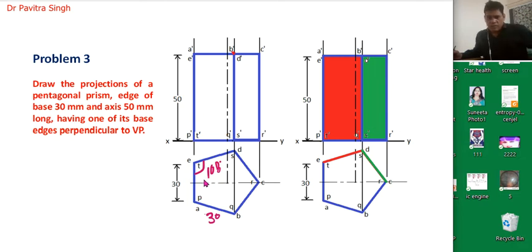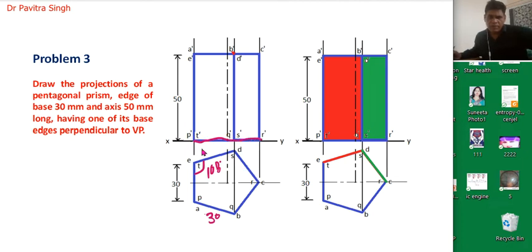So now we will draw the vertical lines from the top view. So vertical line is drawn from point A, okay, from point B, from point C, from point D, from point E. Okay, suppose this is the base of this pentagonal plane.